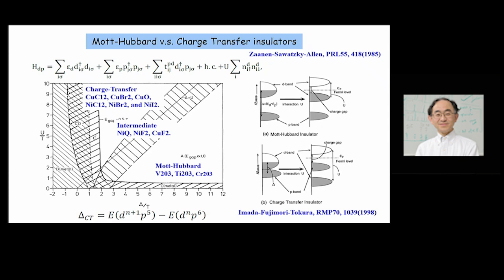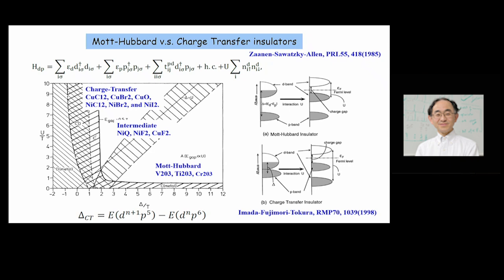But once you have these p orbitals, namely the oxygen 2p states, sometimes this 2p state becomes much higher in energy, approaching the Fermi energy. In that case, there is a Mott gap between the lower Hubbard band and the upper Hubbard band, but in between you have these oxygen 2p orbitals.